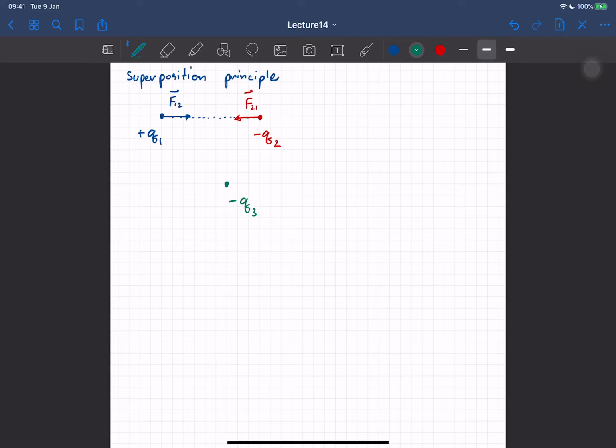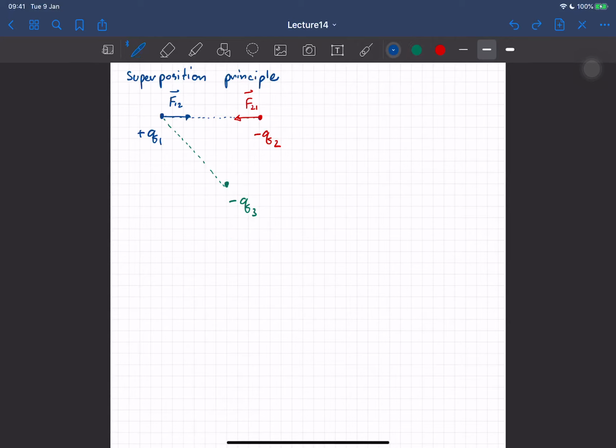So now you have to pick a different pair. Q1 and Q2, that's one pair. But since you have Q3, you have another pair of charges that you can draw in terms of the force. So the superposition principle says that if you have F12 acting on Q1, then you can also draw F13, which is acting on Q1, but it's by Q3.